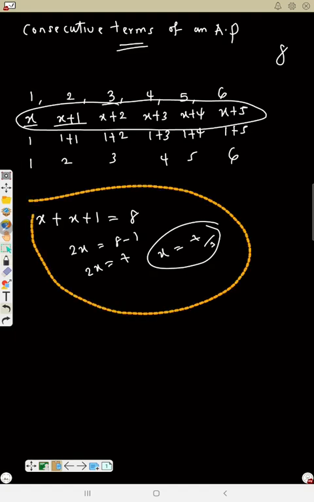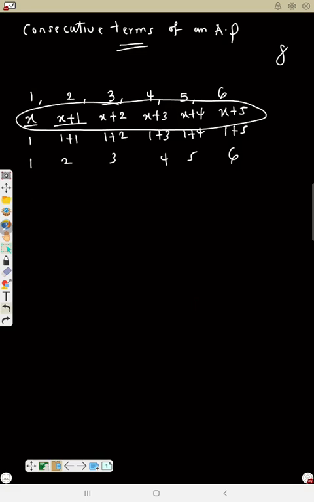But what we are really doing is that anytime we say consecutive numbers, they are x, x plus 1, x plus 2, x plus 3, x plus 4, x plus 5. What are even numbers? Even numbers are 2, 4, 6, etc. If I say consecutive even numbers, they are x, x plus 2, x plus 4, as in see the corresponding terms.